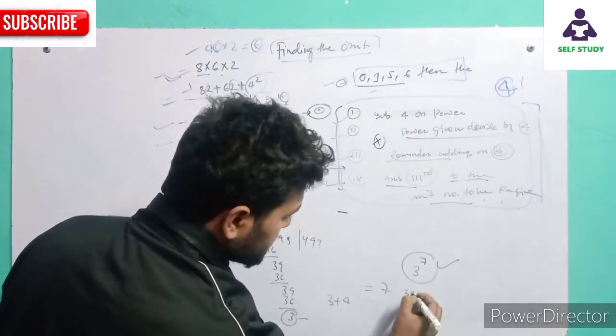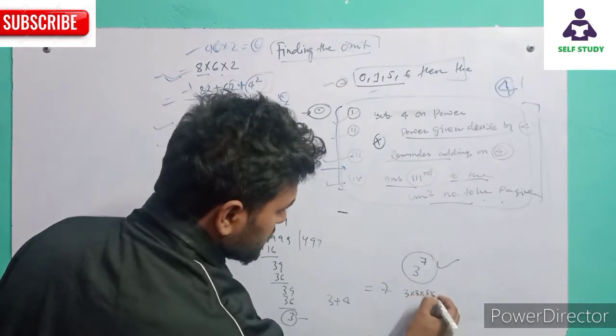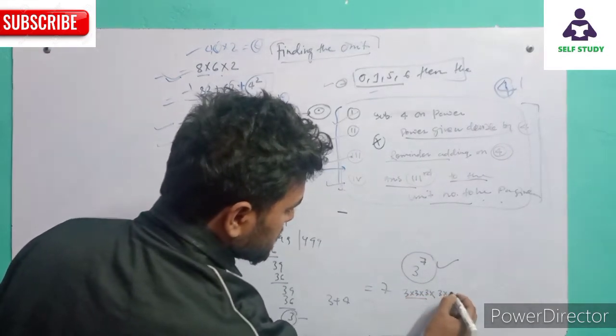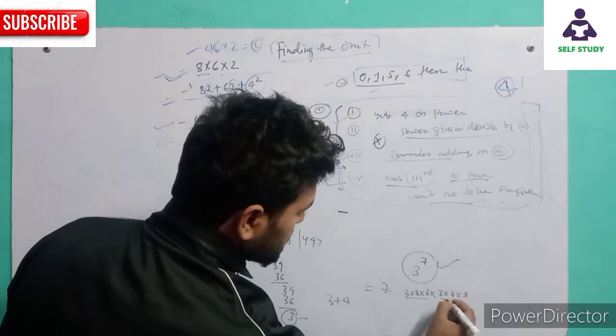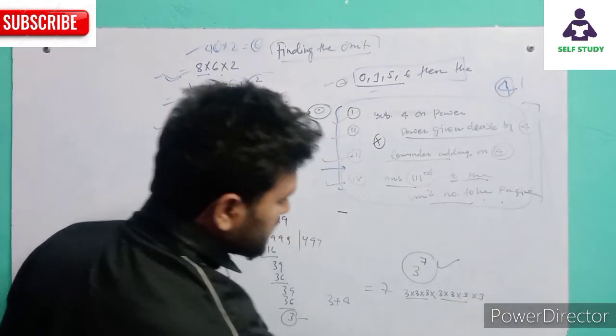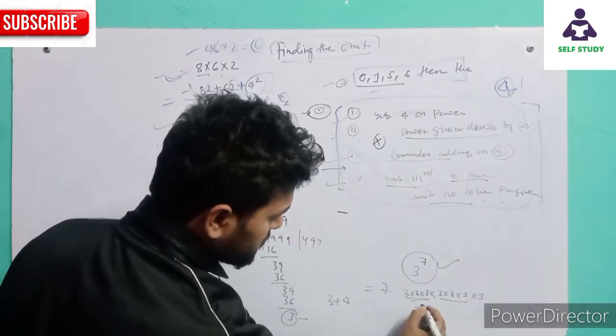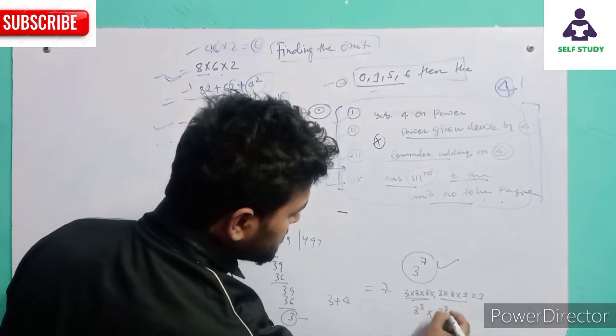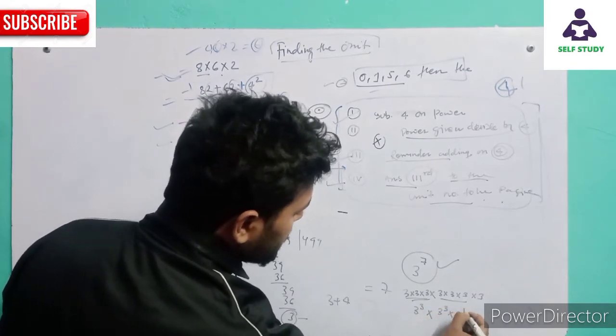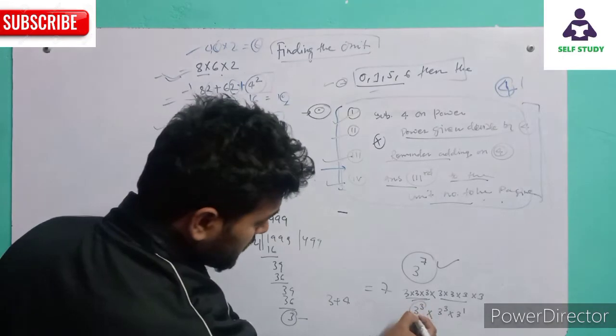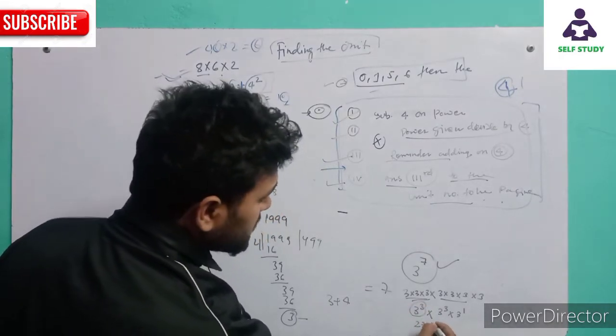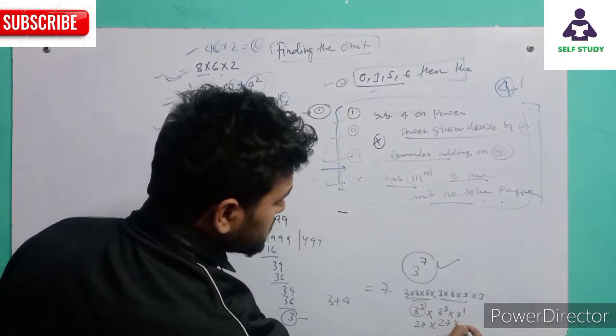So we can write 7 times 3, so we can write 3 to the power 3 into 3 to the power 3 into 3 to the power 1. So 3 to the power 3 is 27, and this is also 27, and that is 3.